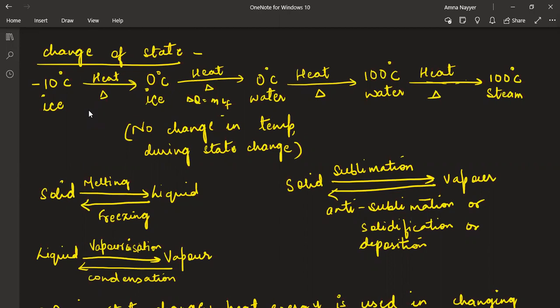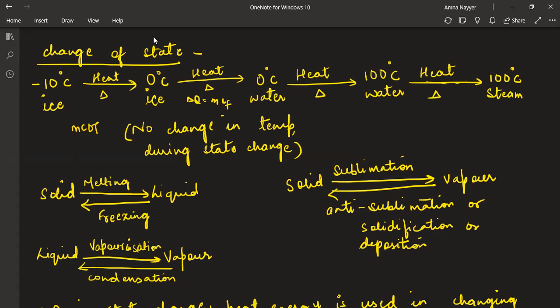Ice didn't become water initially. Its temperature was brought to 0 degrees. So it was a change in temperature. If I ask you the value of heat here, you will simply use the formula MC delta T, with the mass and C for ice given and the change in temperature.